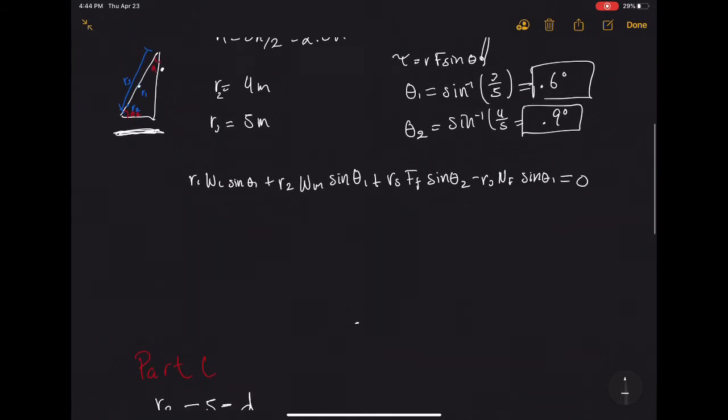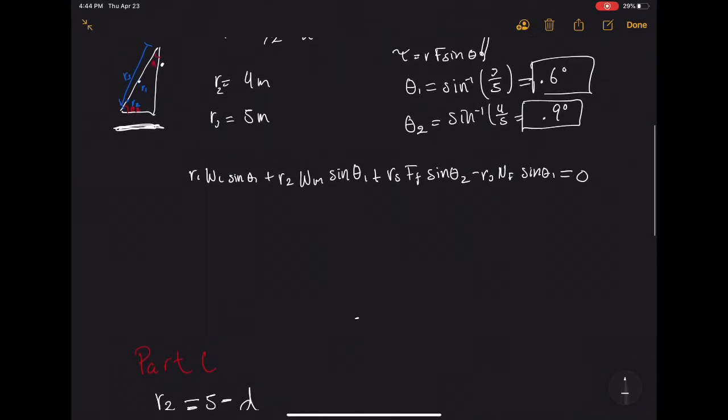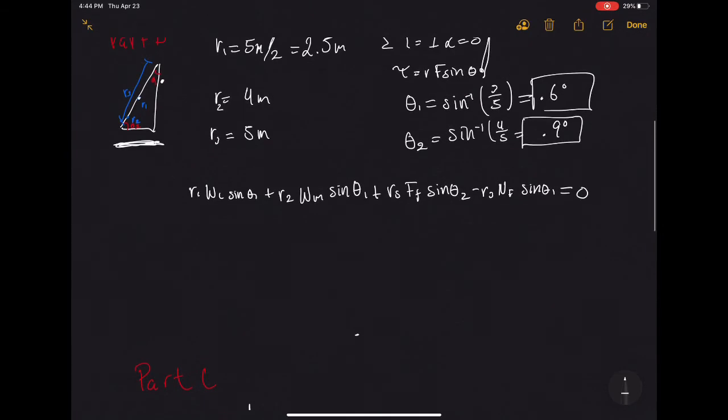Now we're gonna use the sum of all torques so we can find what is being asked, which is the frictional force when this guy has climbed 1 meter along the ladder.